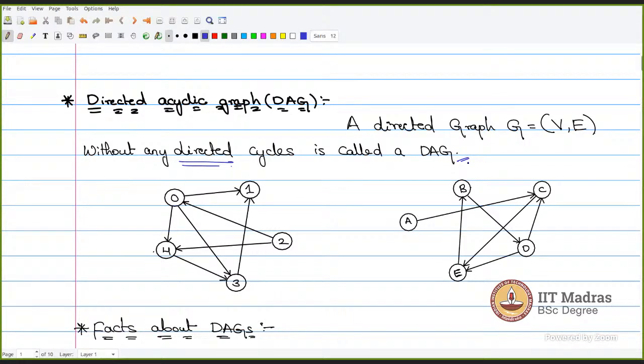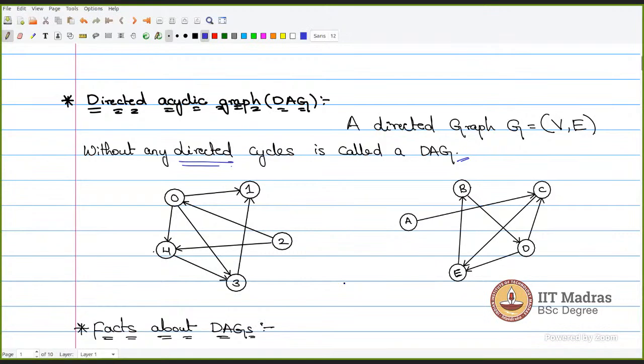Now tell me, as you have passed through week 10, which one of the following is a DAG, a directed acyclic graph? Slightly complicated DAG, not a very easy one. You have to look in depth and try to find any cycles present. The first graph is a DAG.